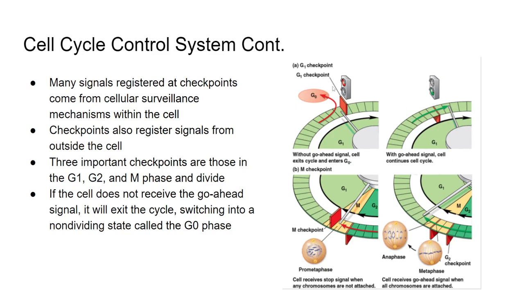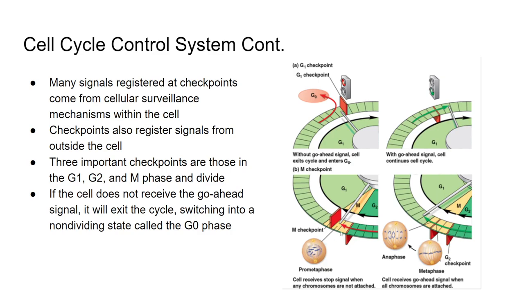Some examples of G0 cells include our neuron cells, right? At some point, our neurons are going to stop growing and dividing because that's just how our body biologically works. So they will always be in this G0 phase. They won't go past this point. And if a cell does get the go-ahead signal, then it will continue the cell cycle to go into DNA synthesis and divide.